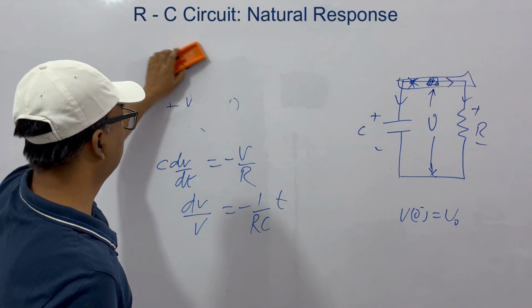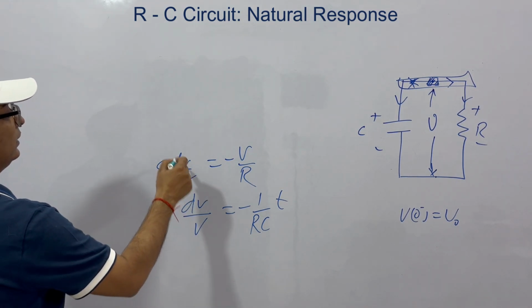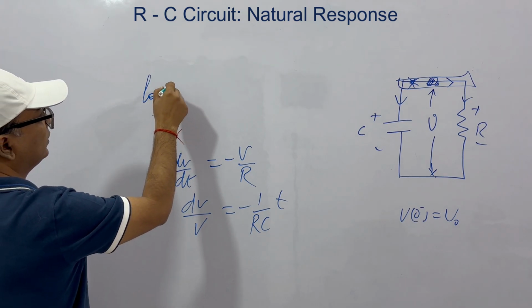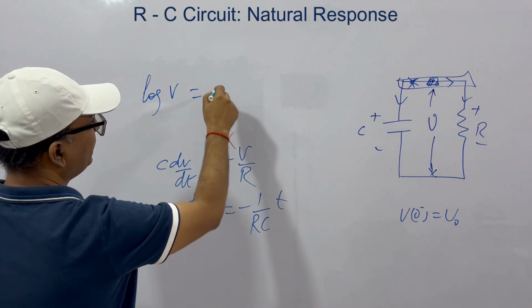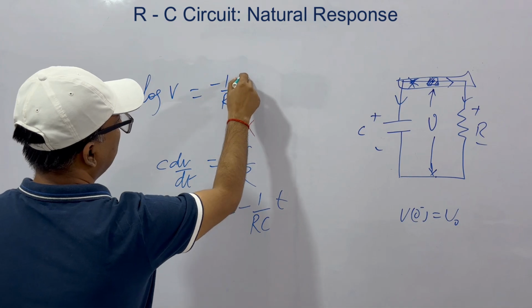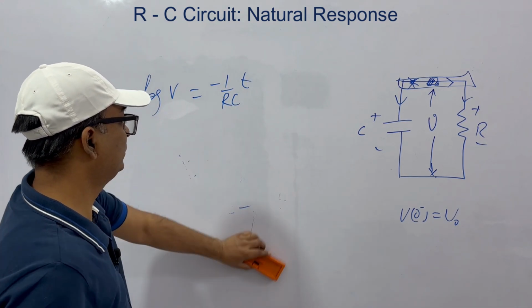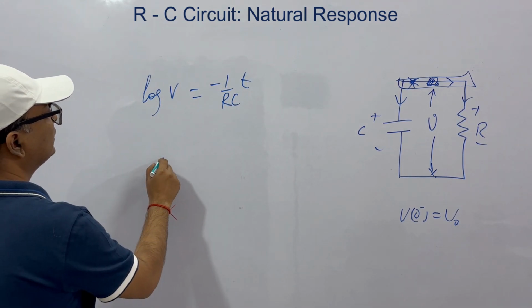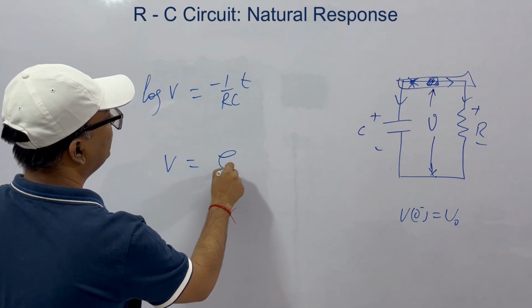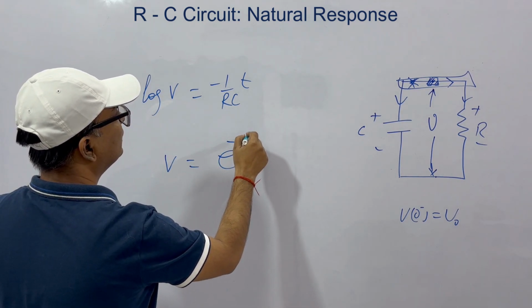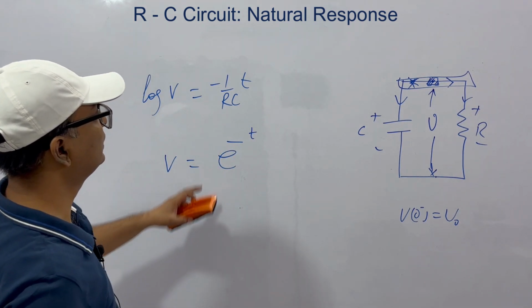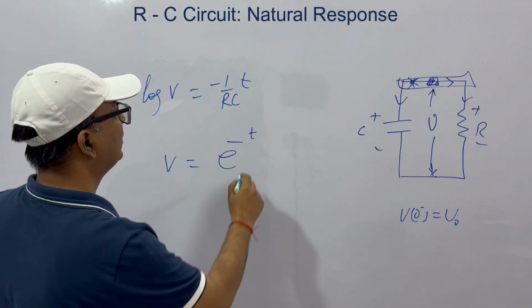If you integrate it, you get log V equal to minus t by RC. So finally V is equal to e to the power minus t by RC.